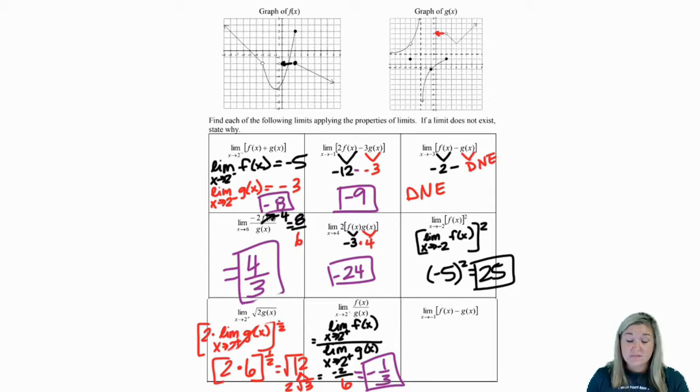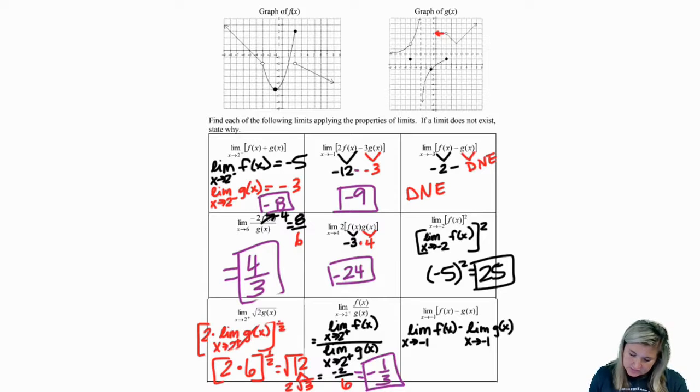All right, and then lastly, we have the limit as x approaches negative 1 of f of x minus g of x. Remember, I'm just going to subtract those two limits. And then I'll go find those on the graph here. So as x approaches negative 1, for f of x, I have negative 6.